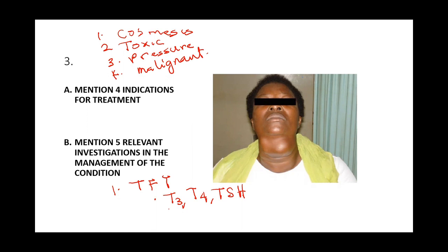Now, number two, you want to do a neck ultrasound scan. You want to do a high-resolution ultrasound scan of the neck, where you want to, number one, get an anatomical diagnosis.